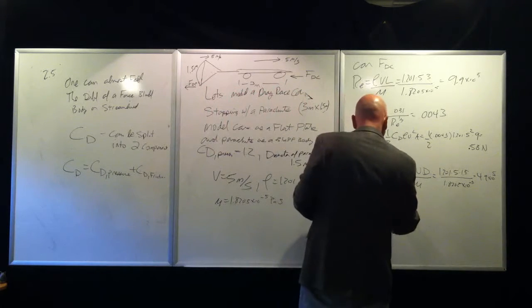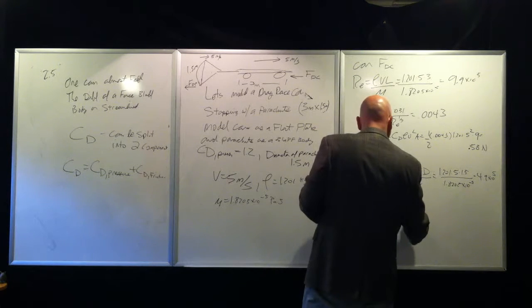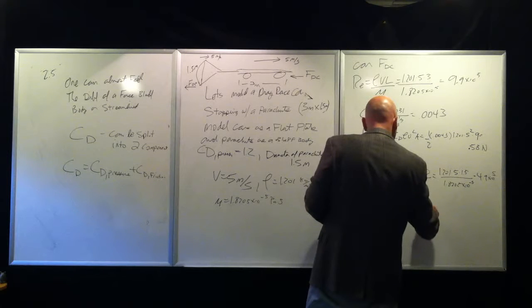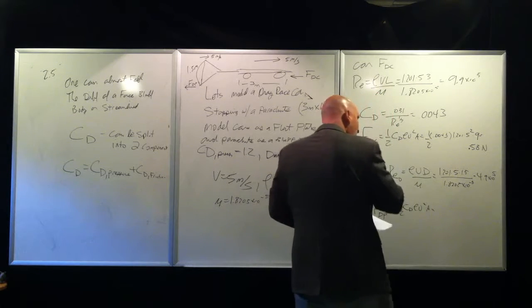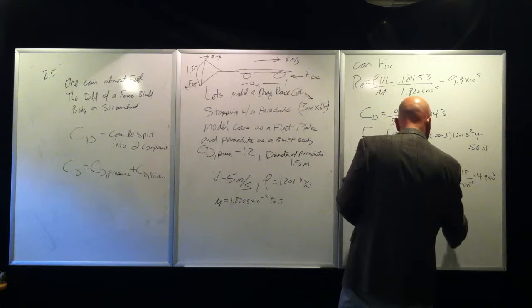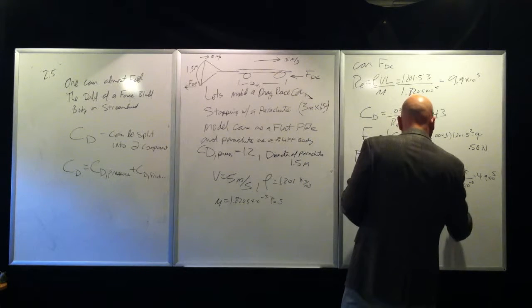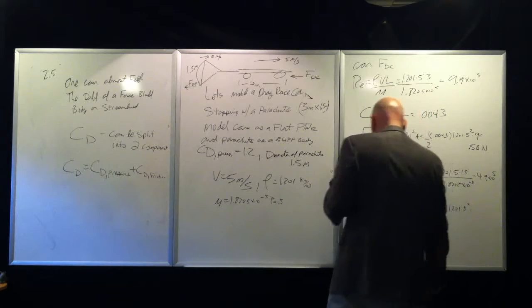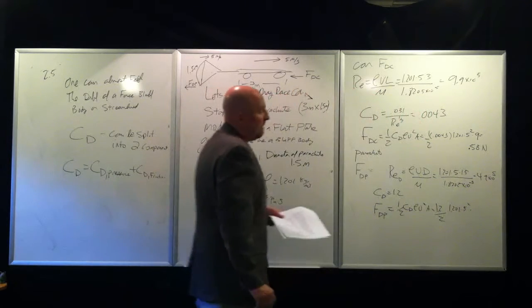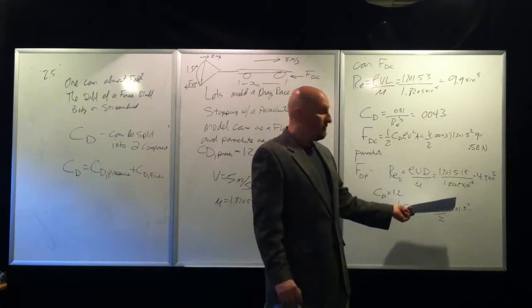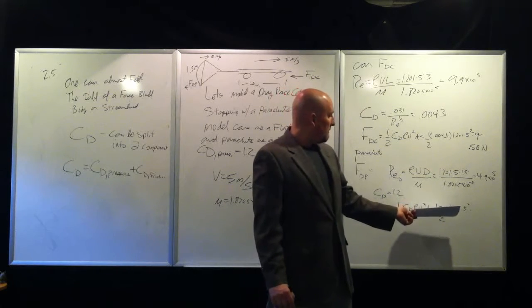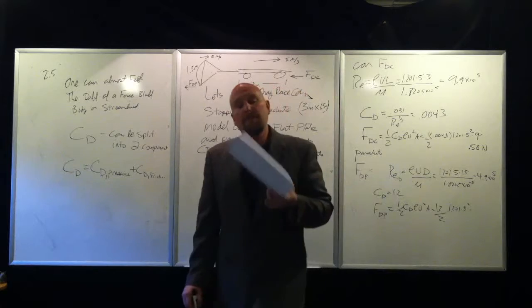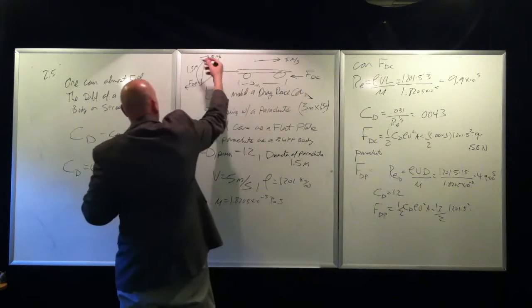So the coefficient of drag is 1.2, therefore the force of drag due to the parachute is 1/2 the coefficient of drag, rho v squared A. 1.2 is the coefficient, divided by 2. The density is 1.201. The velocity is 5 squared. But remember our area, it's going to be the frontal profile.